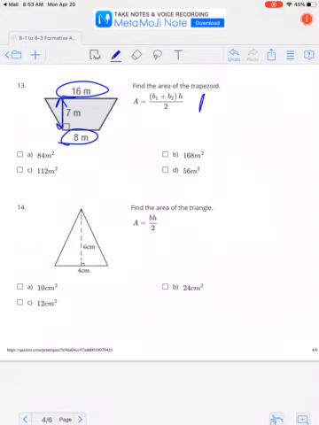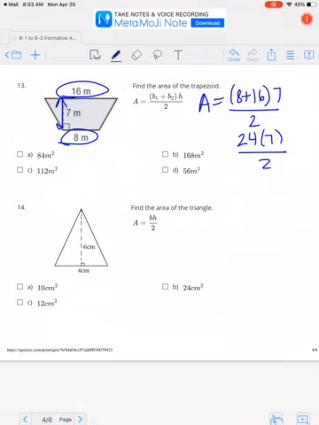So we have area is equal to 8 plus 16 times our height of 7, then everything divided by 2. So from here, 8 plus 16 is 24. So we're going to do 24 times 7 divided by 2, and we would get 84 and then meters squared. So that was letter A.